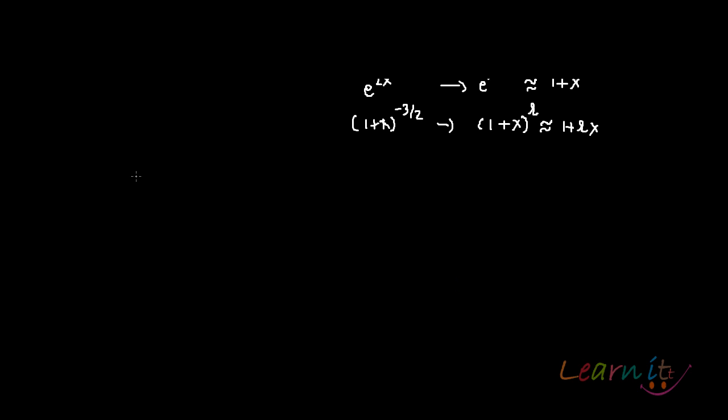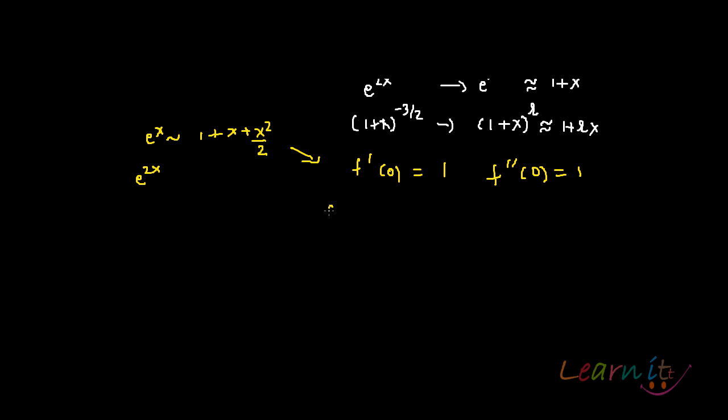So, e^(2x), the quadratic approximation of e^x around 0, of course around 0, we are looking at around 0, is 1 plus x plus x square by 2, and that's because f dash at 0 equals 1, f double dash at 0 also equals 1.